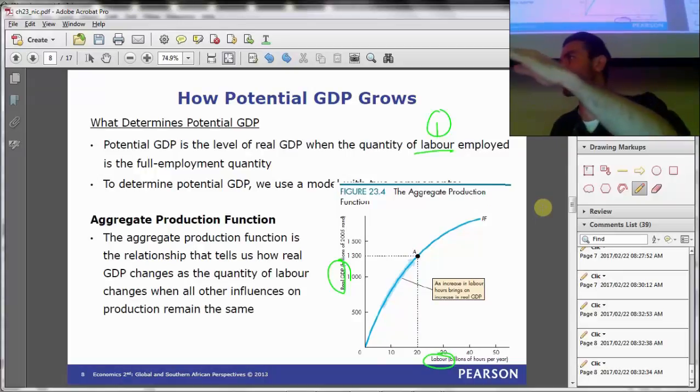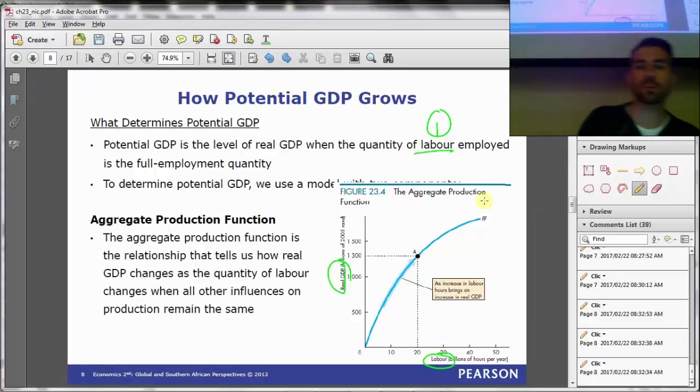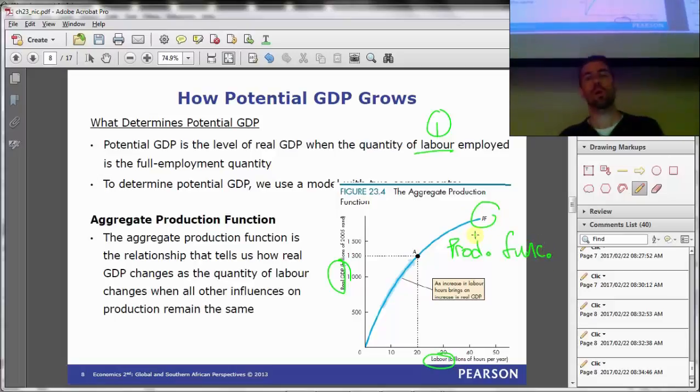You happy with that idea? What we call this curve here is a production function. Production function, that's what the PF stands for. The amount of product per labor. So obviously, as we increase labor, we increase output. So our potential GDP grows.